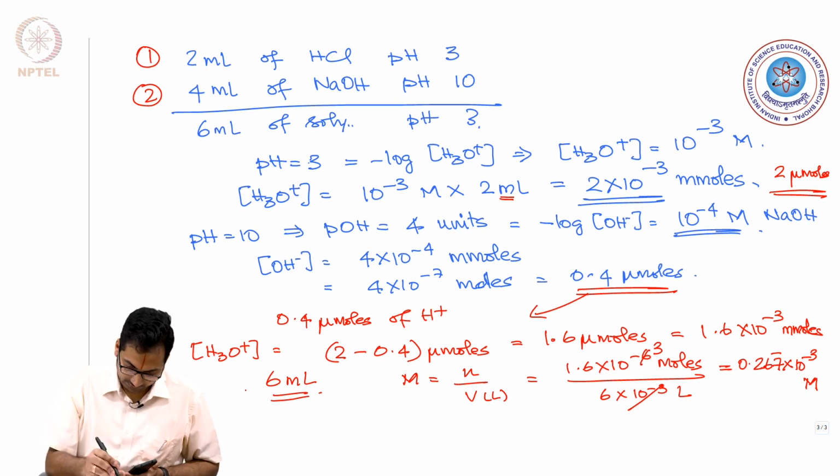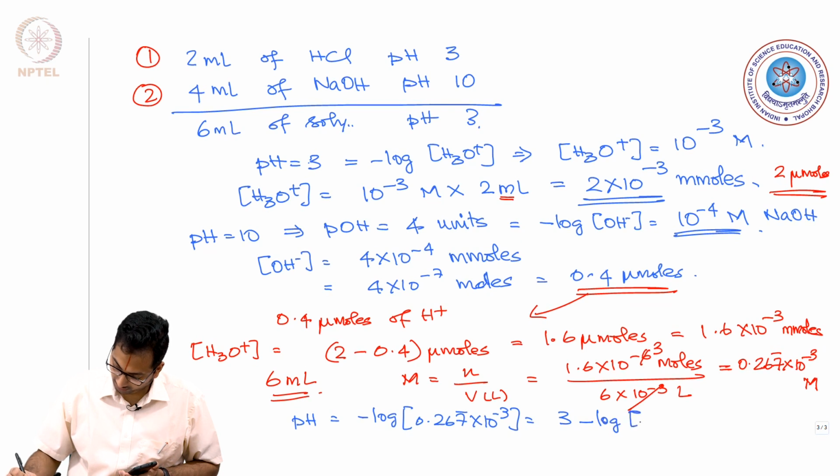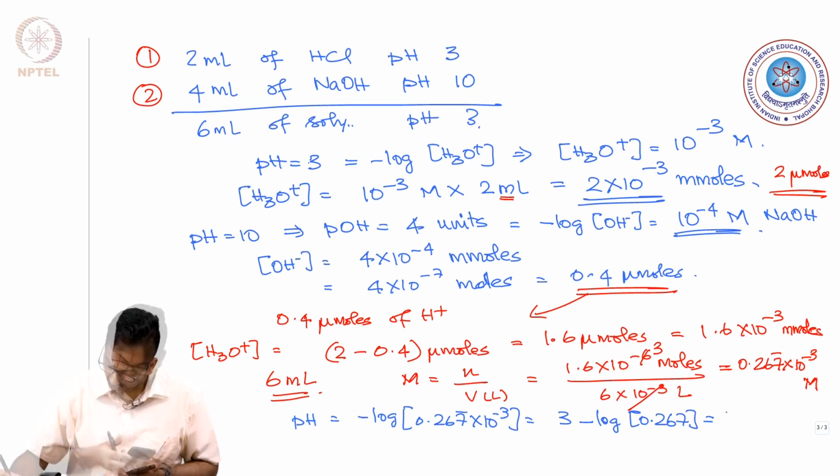So, therefore, the pH is going to be given by minus log of 0.267 times 10 power minus 3. This is going to be 3 minus log of 0.26. This is going to be equal to 3.57 units.